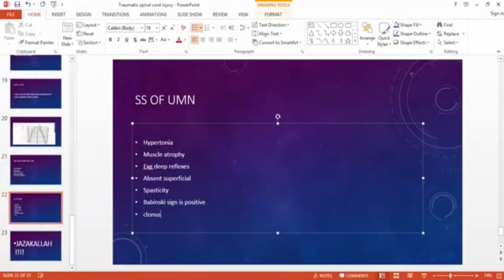You people know what clonus is? Are you aware of clonus? What is clonus? Anybody? Clonus is like rigidity. No, clonus is not like rigidity, Jawad. It's involuntary muscle contraction.